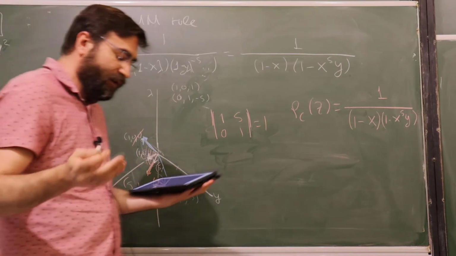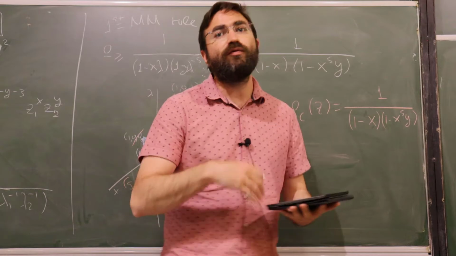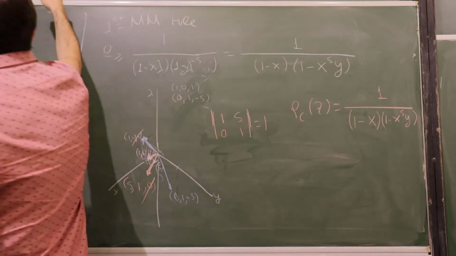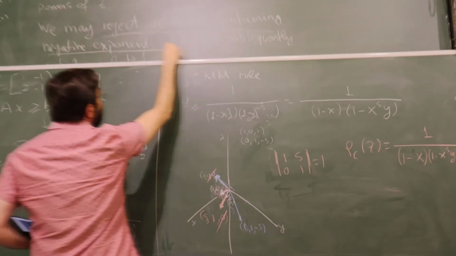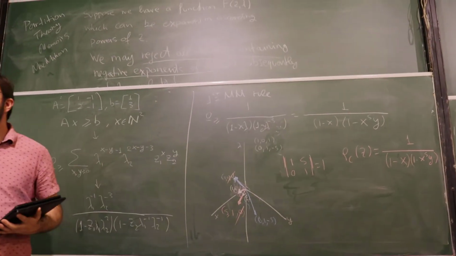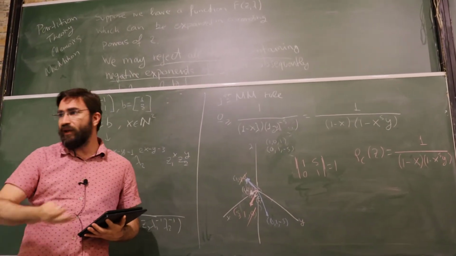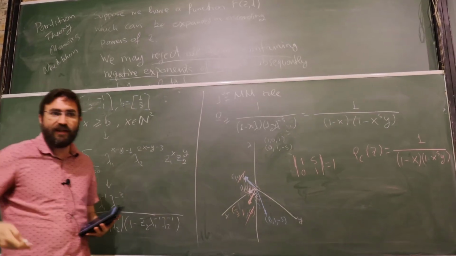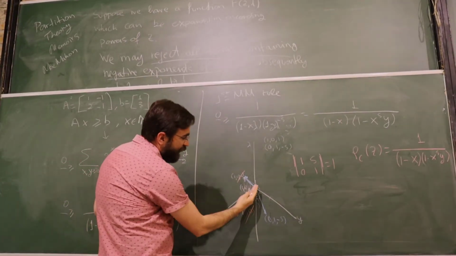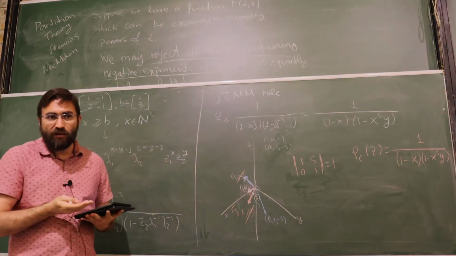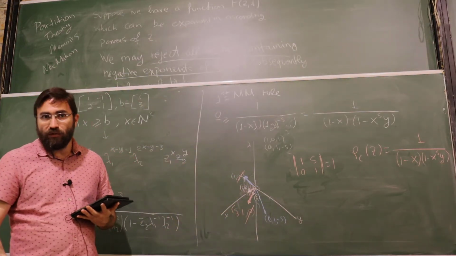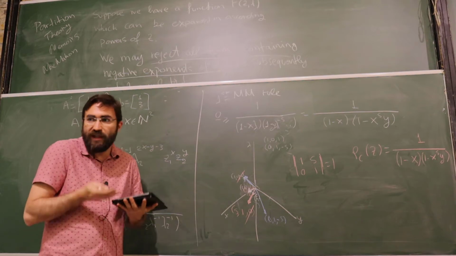How do we do this? We say we want to reject all terms containing negative exponents of lambda, right? This means forget anything that is below the xy plane where lambda is negative. So I find where is the intersection of the cone with the hyperplane, and I forget what is below. So now I keep the cone that remains above.